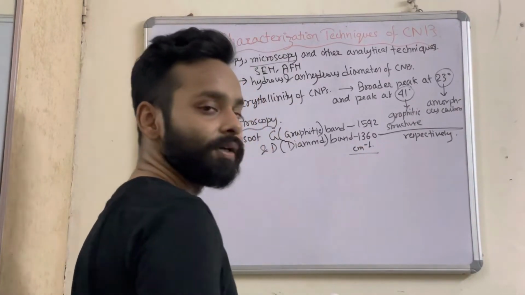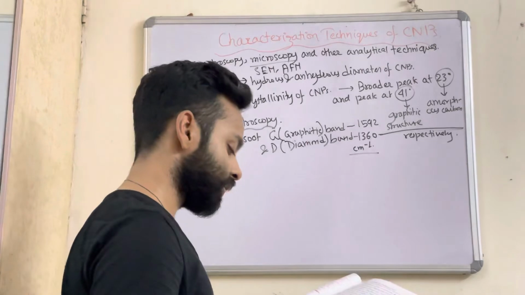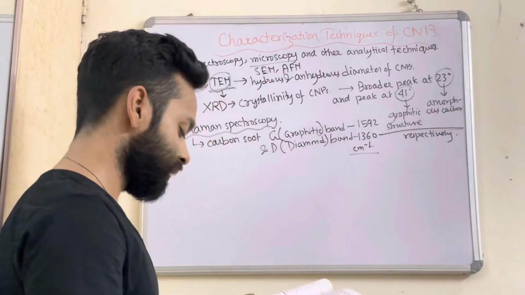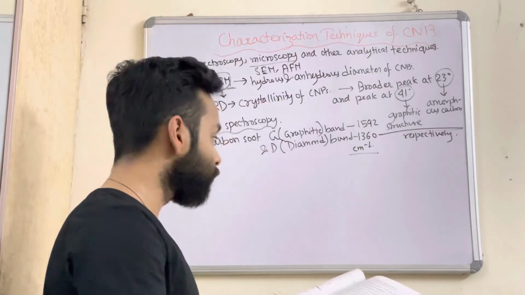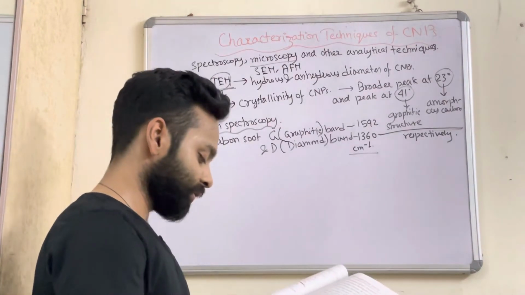So centimeter inverse represents the wave numbers. So the presence of graphitic and diamond bands is at approximately 1592 and 1360 centimeter inverse.